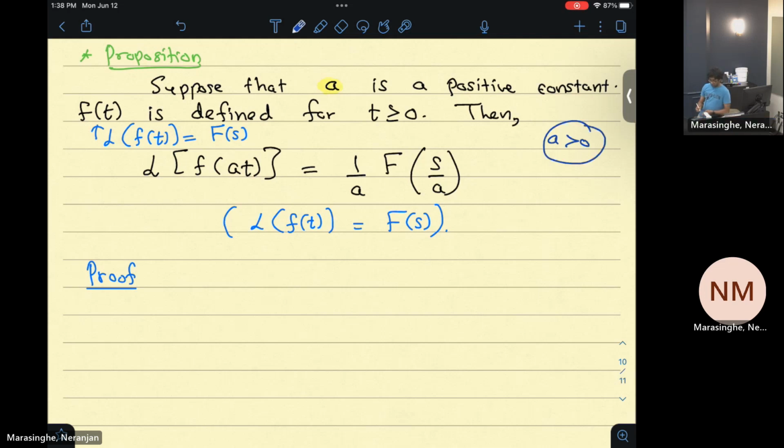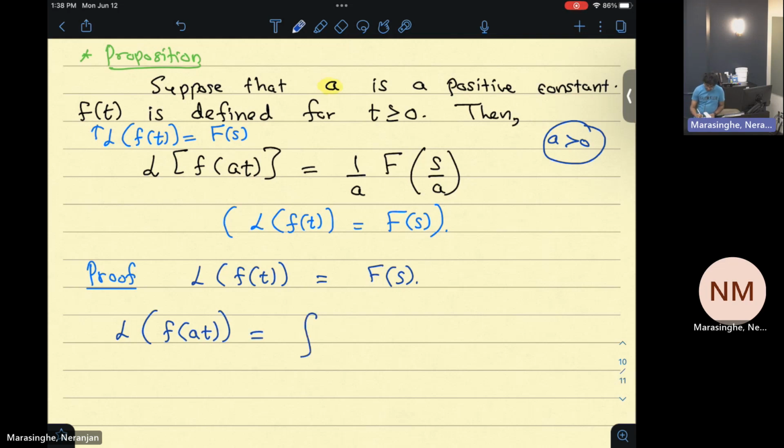I know that the Laplace transform of f(t) is equal to capital F(s). What is my target? My target is to find the Laplace transform of f(at). I would apply the definition. This is going to be equal to the integral from 0 to infinity of f(at) e to the minus st dt.